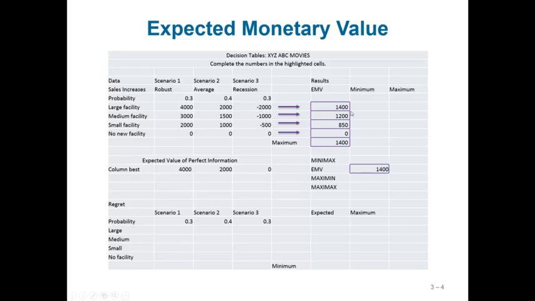So you would find the maximum for each alternative, and then the expected value for each alternative, and then you would find the maximum of those, and that's what you're looking for. So the maximum expected monetary value goes here, and it also would go here, because you're going to compare values here.